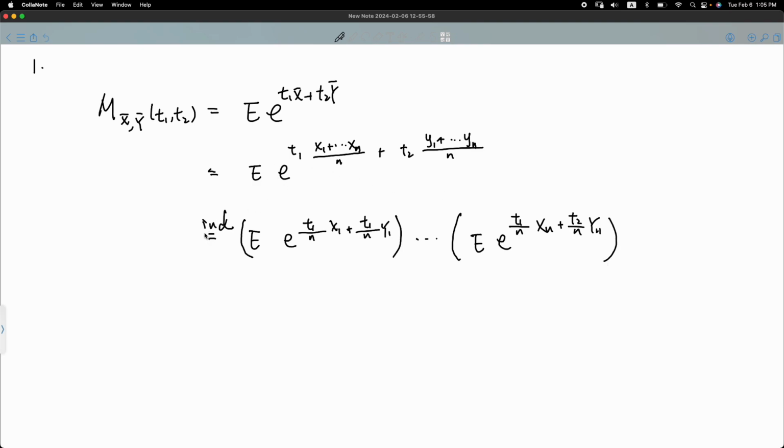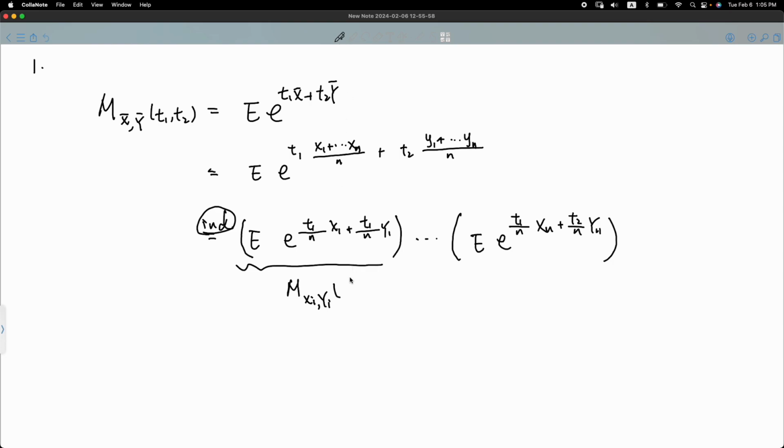And this is because of the independence. Now each of them is essentially the moment generating function for xi and yi with t1 and t2.